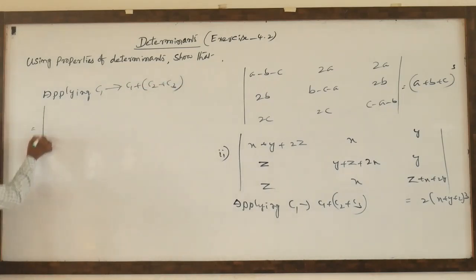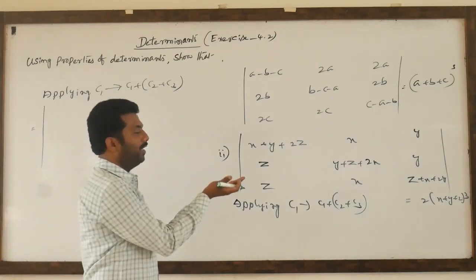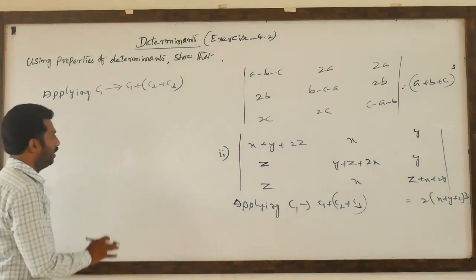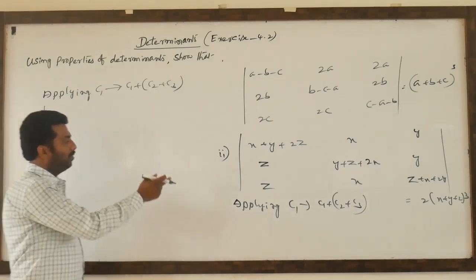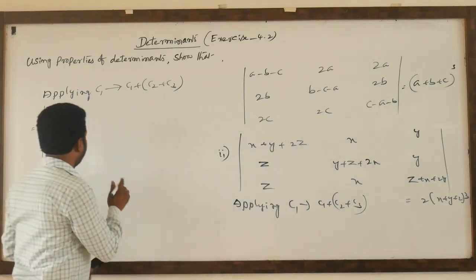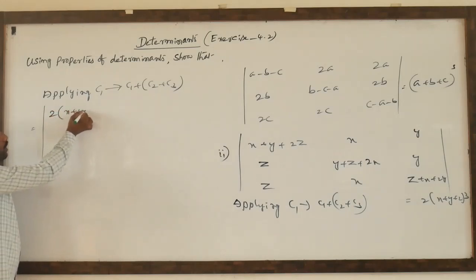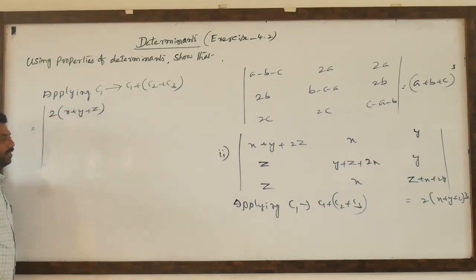So all C2 and C3 elements are added to the C1 elements. See, x is already there, one more from C2 gives 2x plus 2y. So can you take 2 common? So 2 times x plus y plus z.